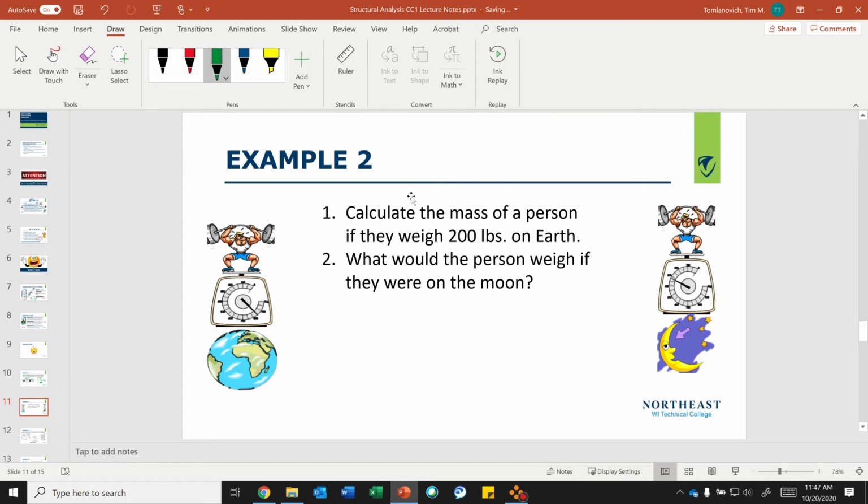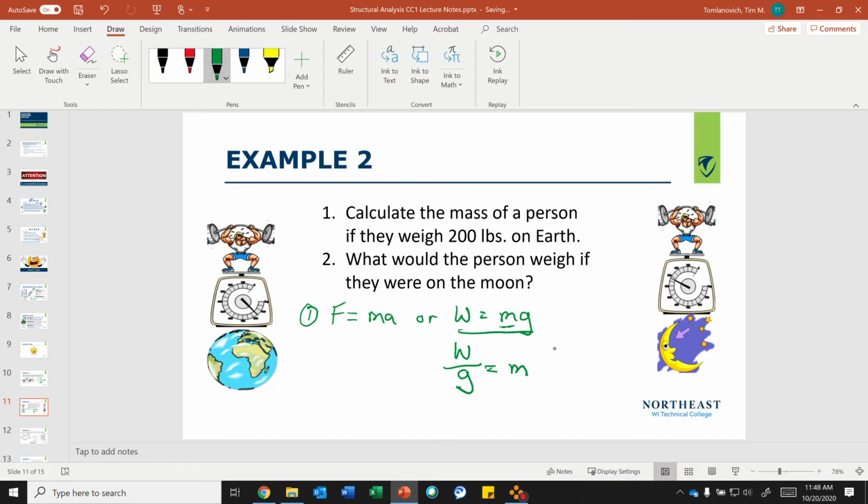Next one. Calculate the mass of a person if they weigh 200 pounds on Earth. We know force equals mass times acceleration, or weight equals mass times gravity. We're going to use this one because we're talking about weight. We want to solve for m, so weight divided by gravity equals mass.